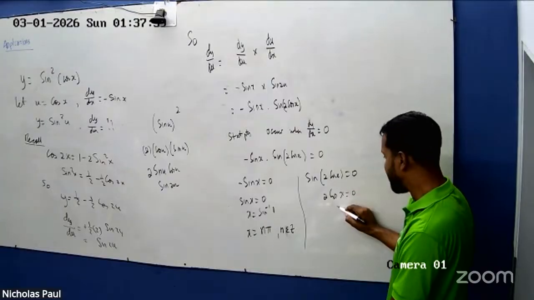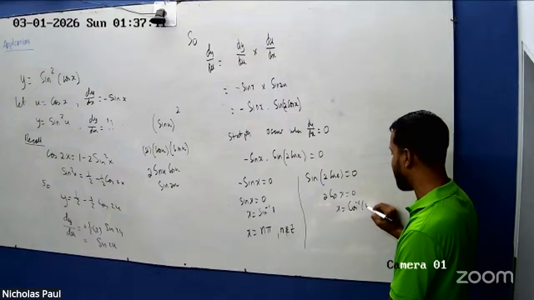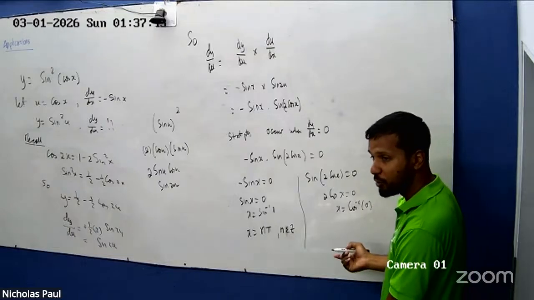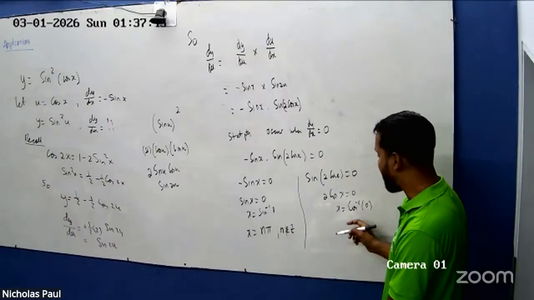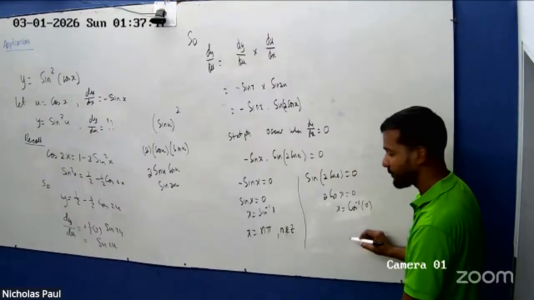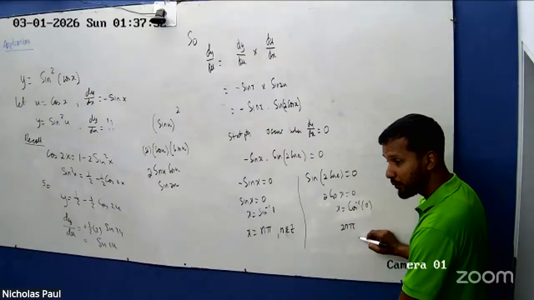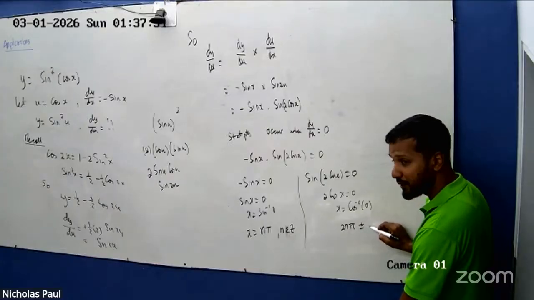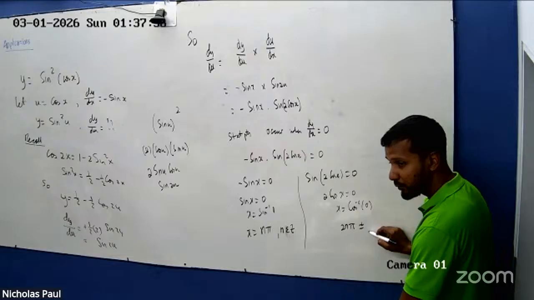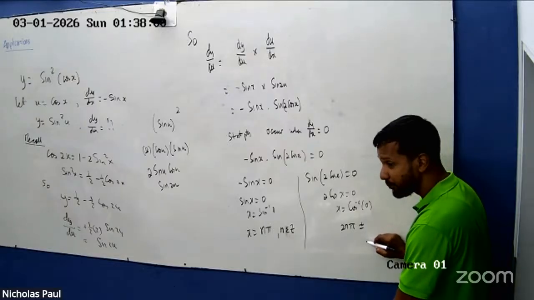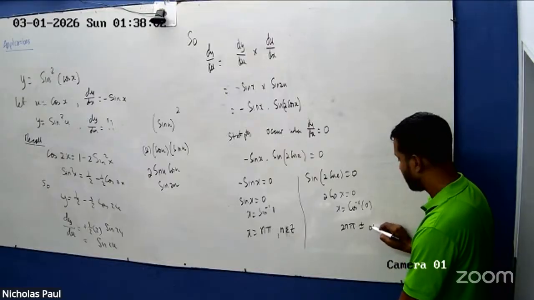So you're going to get x is equal to cos inverse 0. What's the general solution for cos? 2n pi plus or minus alpha.